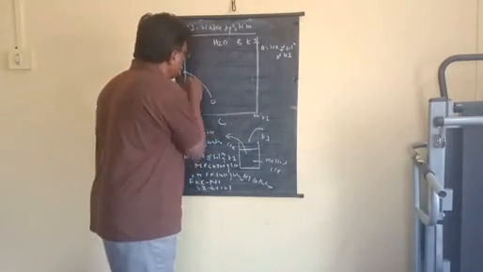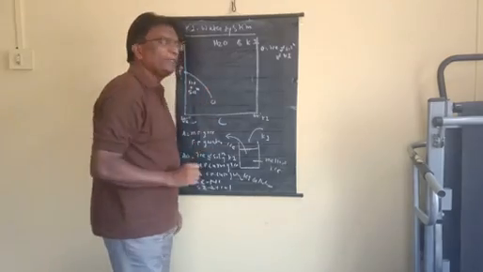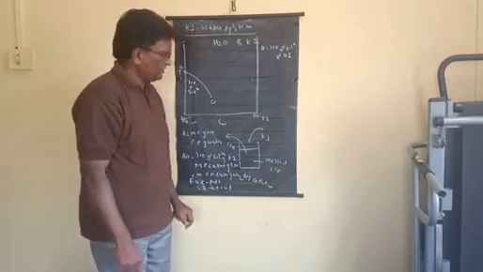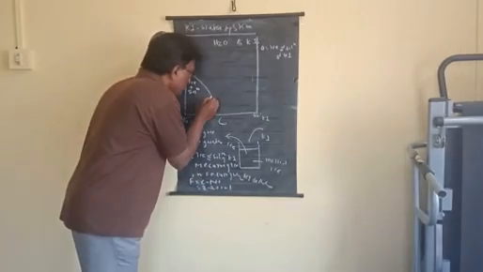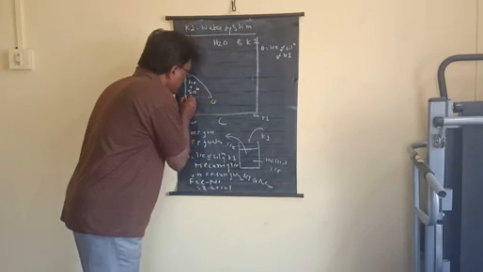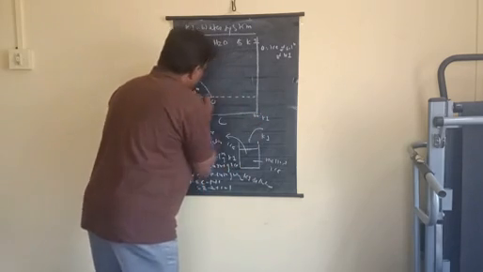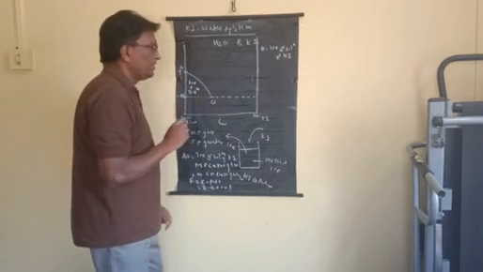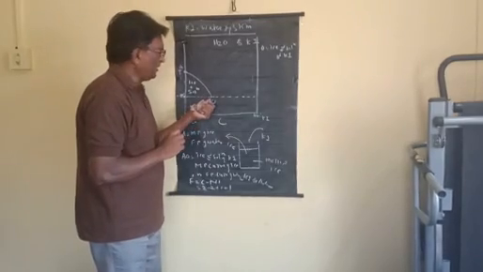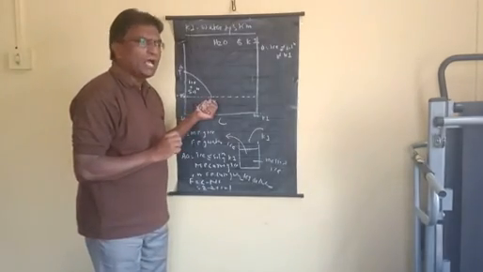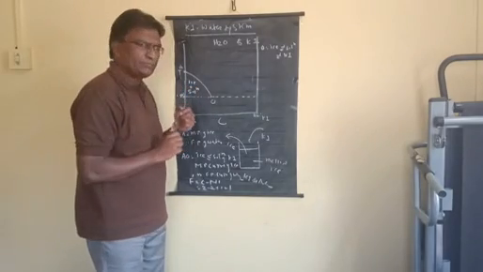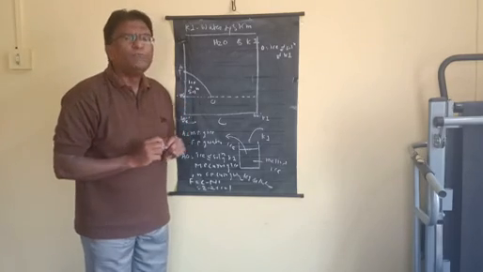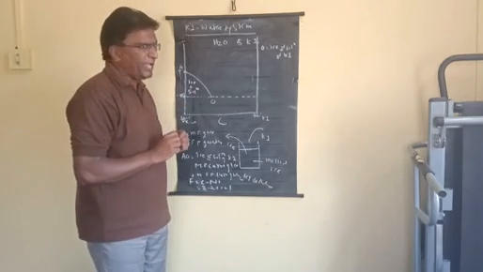By addition of KI to ice or melted ice, we can reach the lowest temperature, that is minus 23 degrees centigrade. That is the lowest temperature we can achieve with the help of this particular freezing mixture, that is KI and ice.